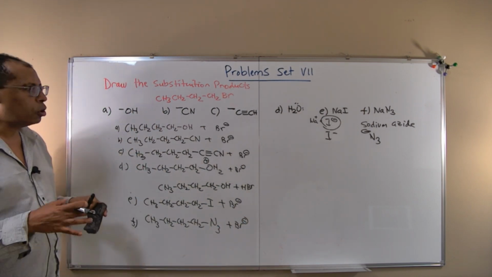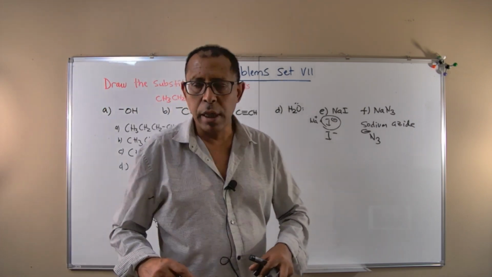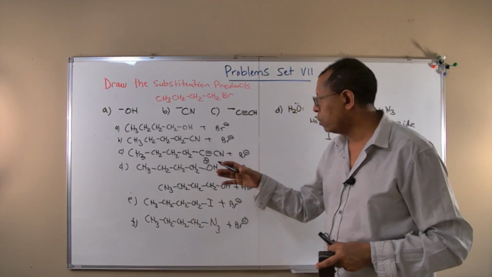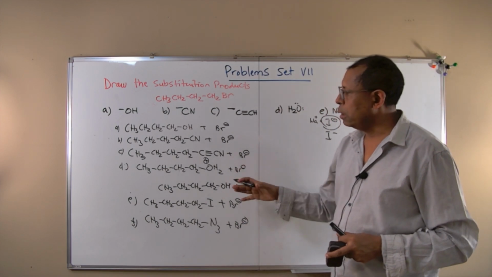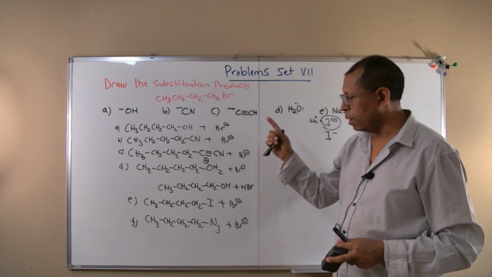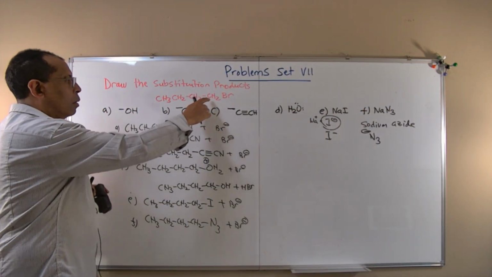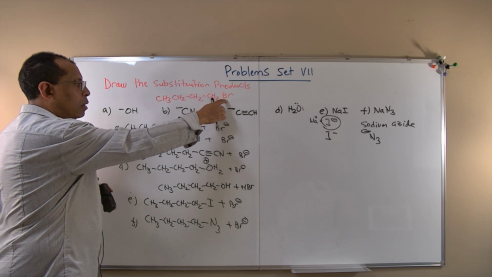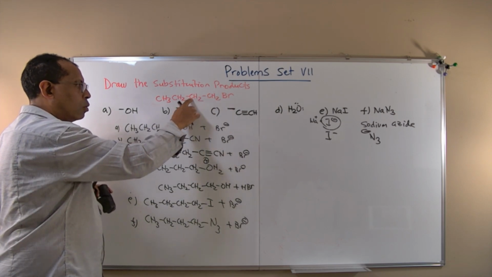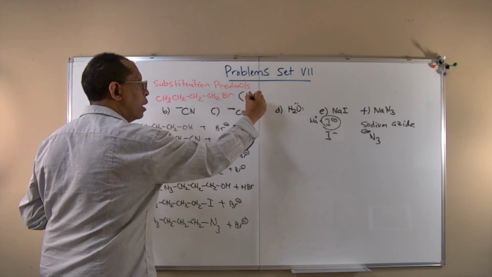So there is not much detail here. I'm just showing you the products that could be formed in a substitution reaction using this primary alkyl halide. By the way, the halide is on a carbon that's only attached to one carbon. This is a primary alkyl halide.